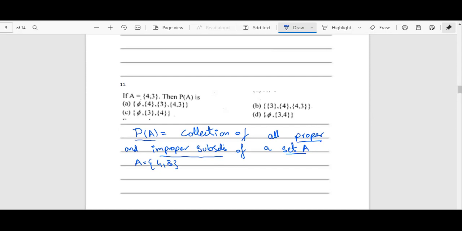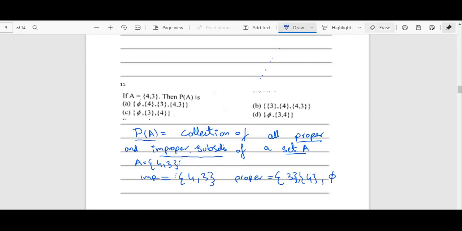So the improper subset of A would be 4 and 3, and the proper subsets would be 3, then 4, and then we are going to have the null set as well.